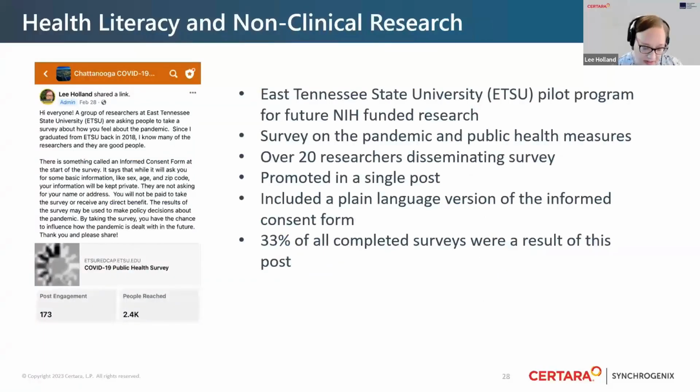Here's also something about health literacy and non-clinical research, but it still definitely has relevance to us and just getting people to enroll in clinical trials in general. East Tennessee State University, where I graduated from, was doing a pilot program to collect some information for future NIH-funded research.